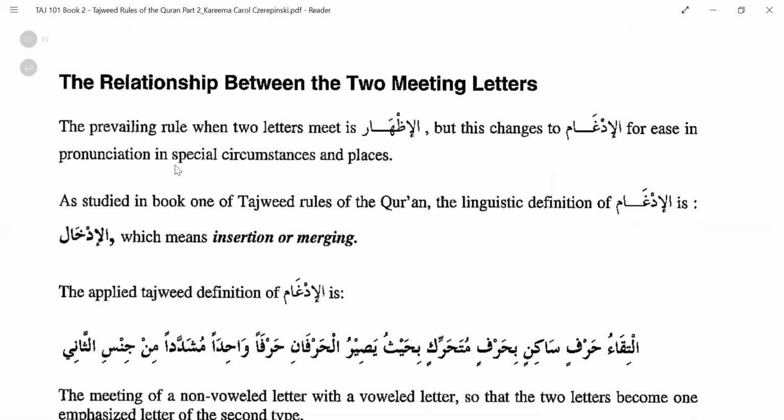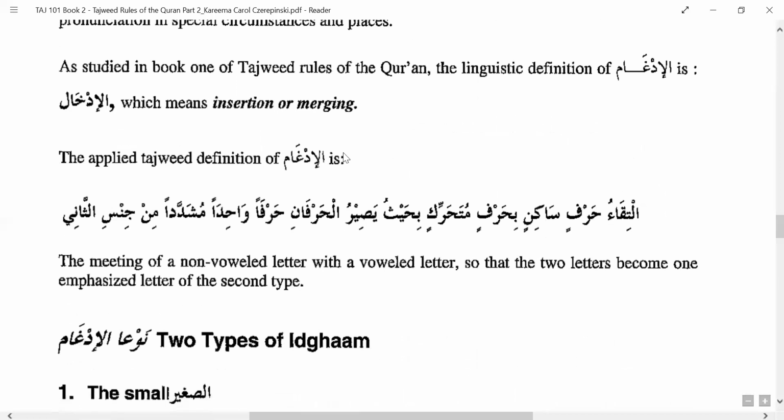Now, what is the ruling for the recitation for these meetings? So what is the relationship between the meeting of the letters? Now, when two letters meet, the general rule is izhar. That is, you have to say out both the letters clearly. But it will change to idgham to make your pronunciation easy in special circumstances and special places.